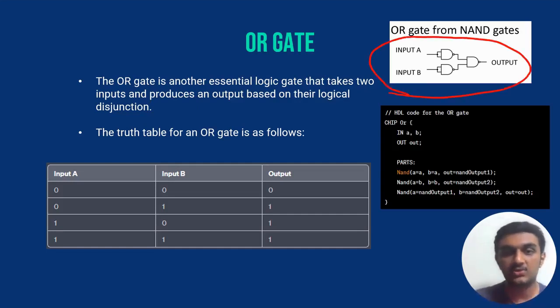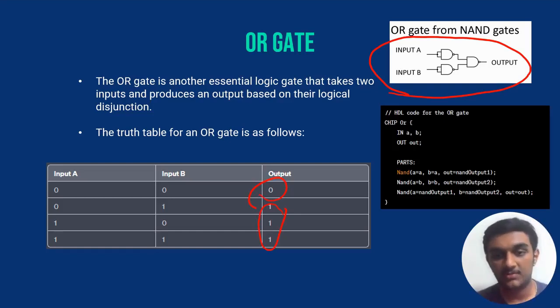We use 1, 2 and 3 NAND gates in order to develop an OR output. Let's take a look at the truth table as well. When one of the inputs is 1, we get the output as 1. If both the inputs are 0, then the output is 0. So that's the logic behind the OR gate.